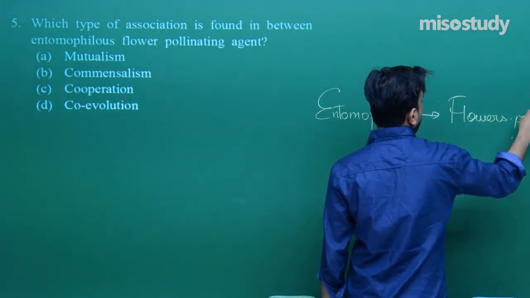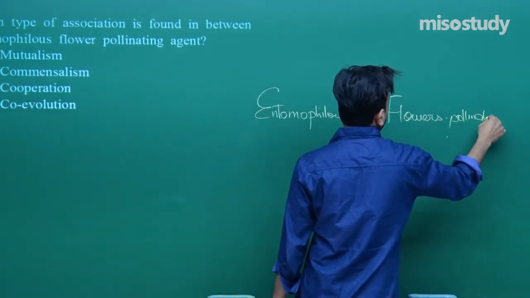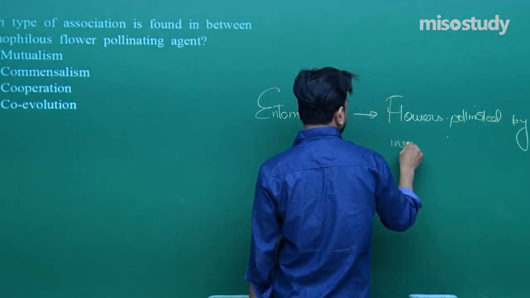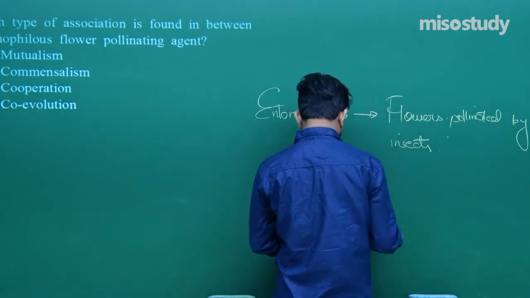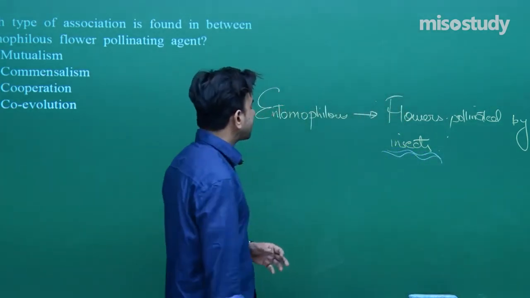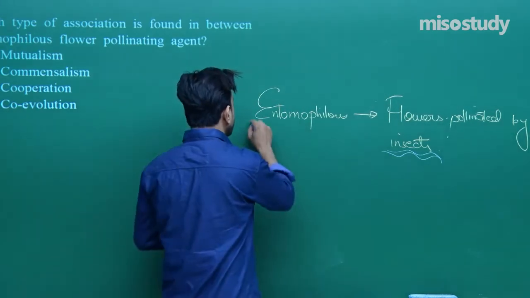The flowers pollinated by insects are called the entomophilous flowers.